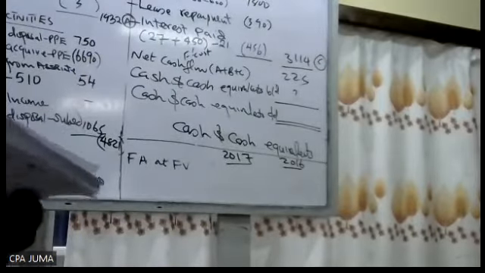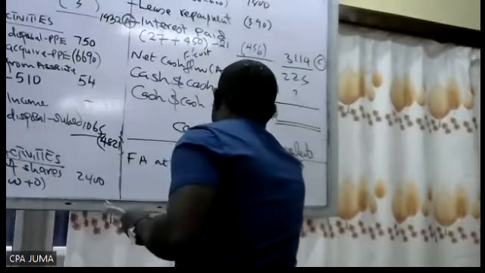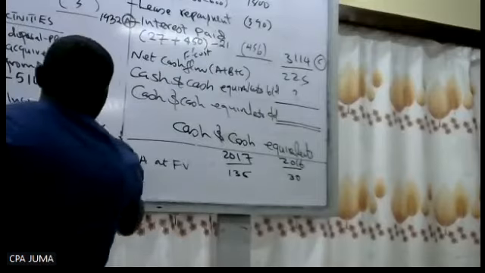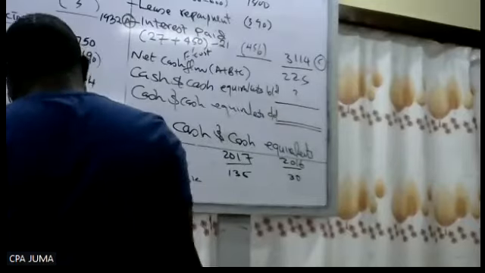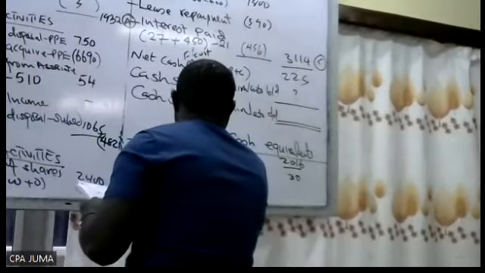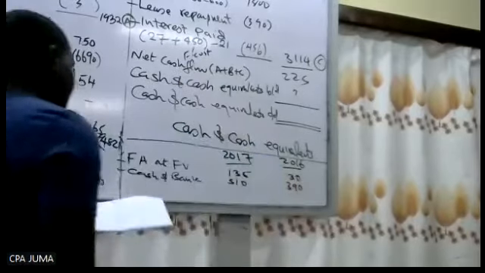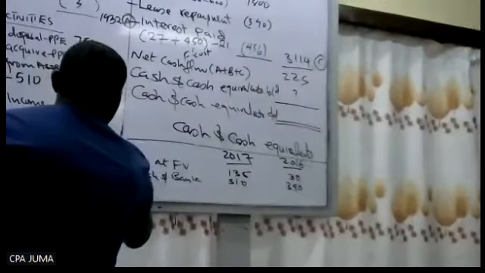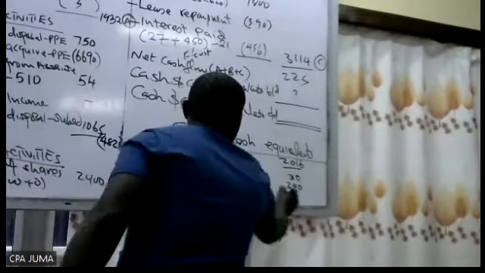What is it doing there? So how much is this? 135 and 30. Then cash and bank. Cash and bank 510, 390. Then bank overdraft. Apparently, there was no bank overdraft. If at all it is there, you subtract.